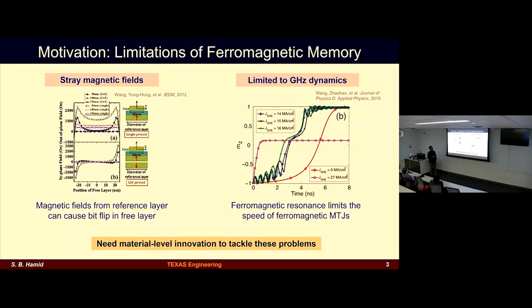The reference layer can emit stray magnetic fields that can unintentionally cause bit errors in the free layer. And then the second challenge is that due to the ferromagnetic resonance of the materials, the speed of these devices is constrained to the gigahertz range. So we need new materials and device concepts that can break these constraints, and that is where antiferromagnets come in.